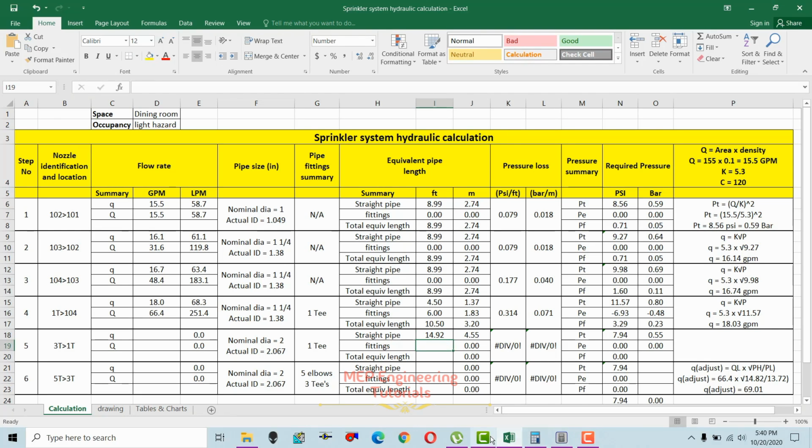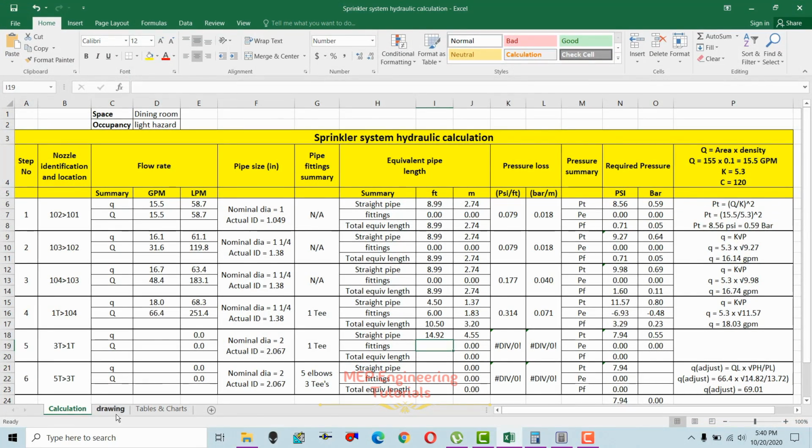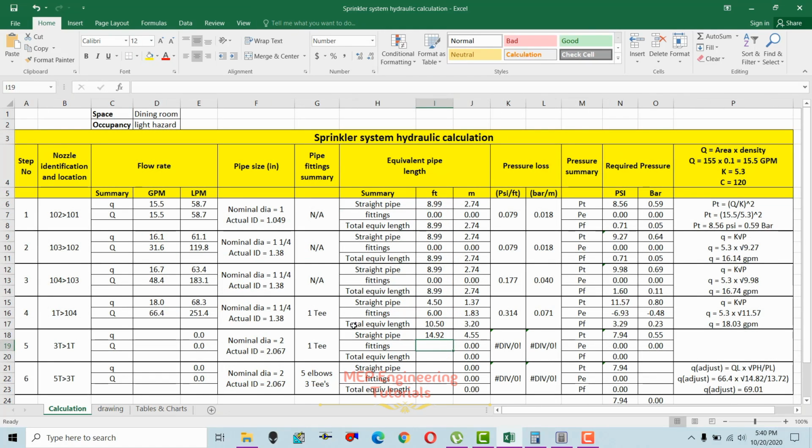And then again we have a T at this point. From there to here we have a T again, so we have to write T in here.